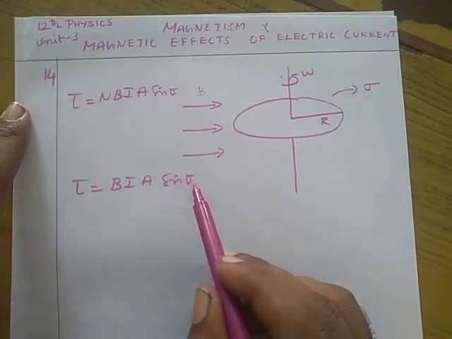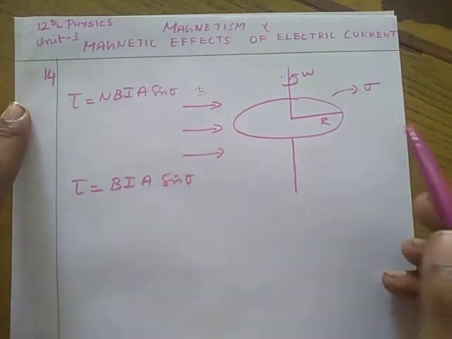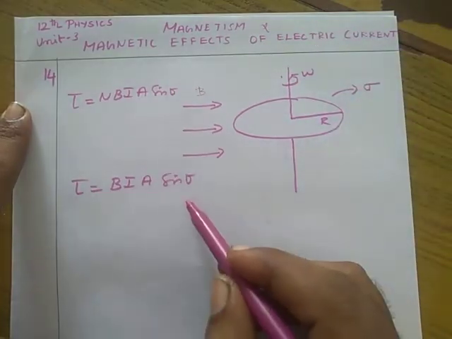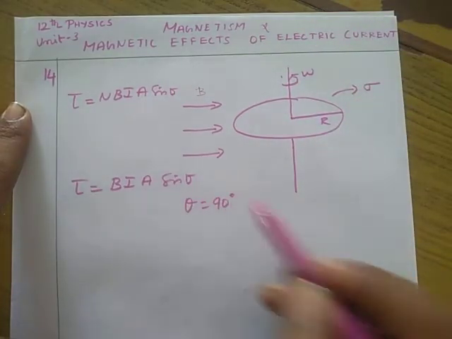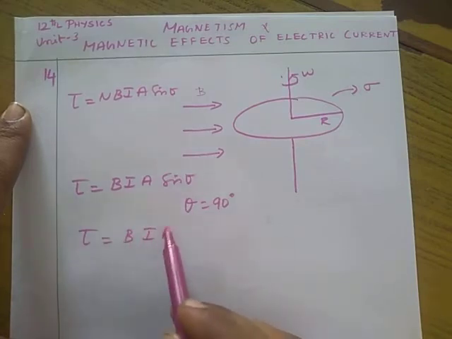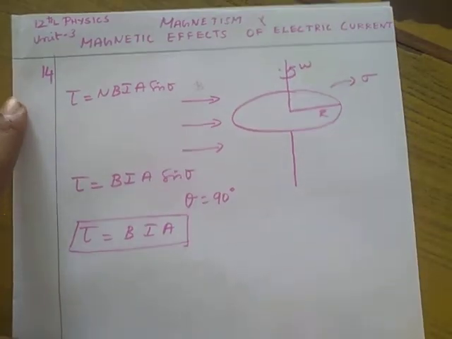Here theta is the angle between the magnetic field and the area vector. The magnetic field is going in this direction, the area vector is in the upward direction, so the angle is 90 degrees. Then torque tau equals B I A. It is the general expression for this situation.